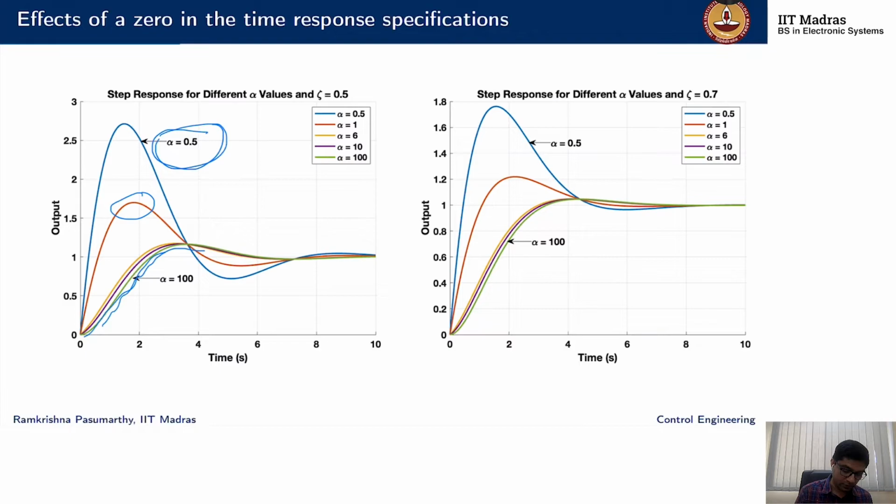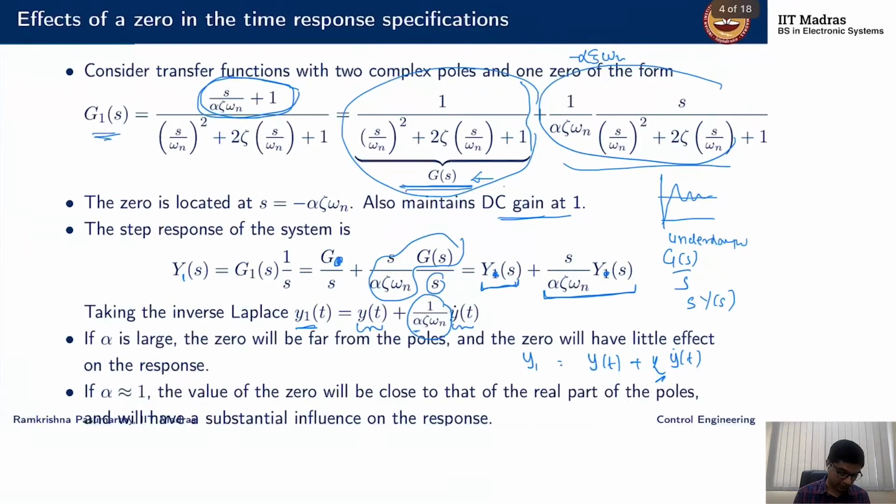And as alpha goes to 100, I recover my original response, which has a tolerable overshoot of about 15 to 16%. For different values of zeta, I still see that the overshoot is much larger for smaller alphas, and as alpha gets larger, we are closer to the original response of the system.